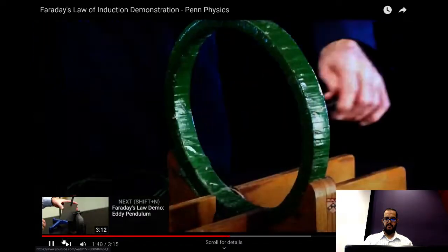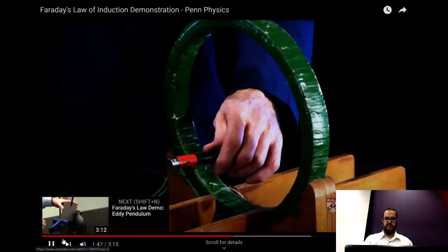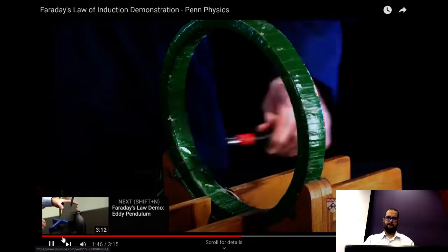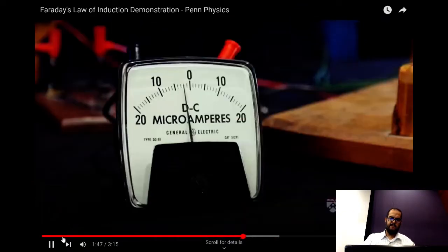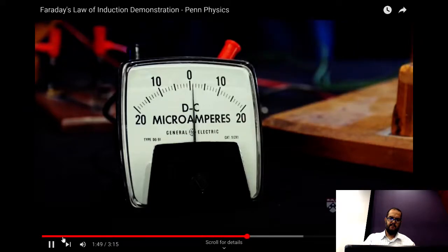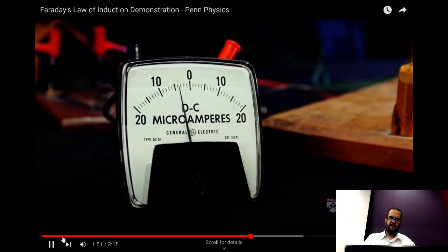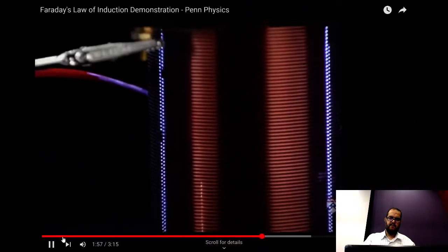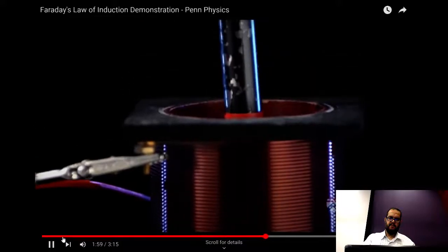So this is the reason that when I move a magnet in and out of an electric coil, I see my meter change directions and show me electricity moving first in one direction and then in the other.